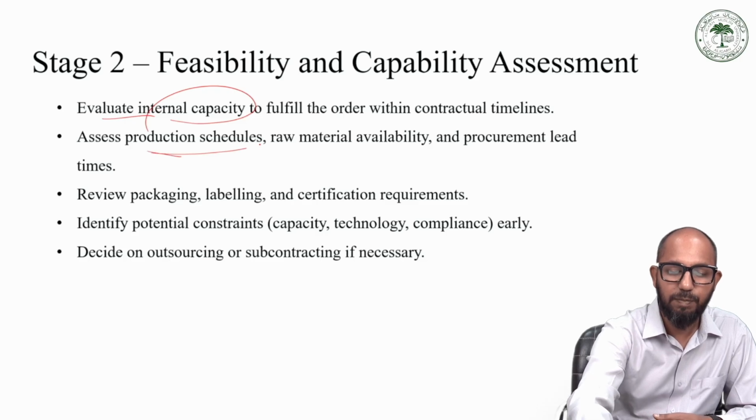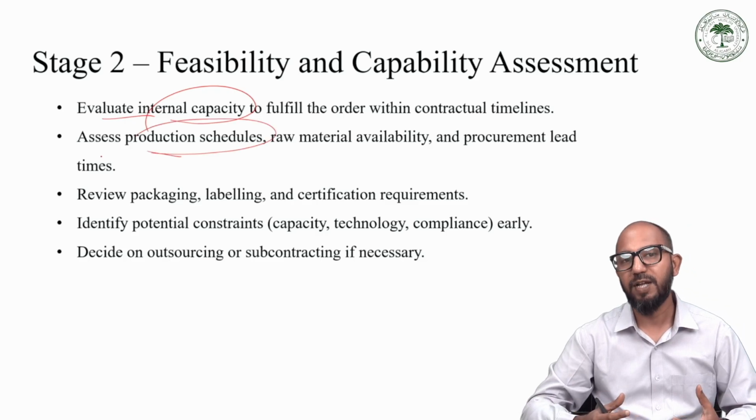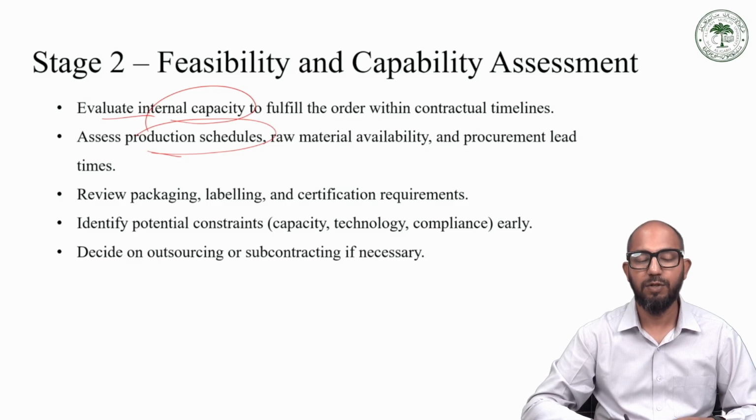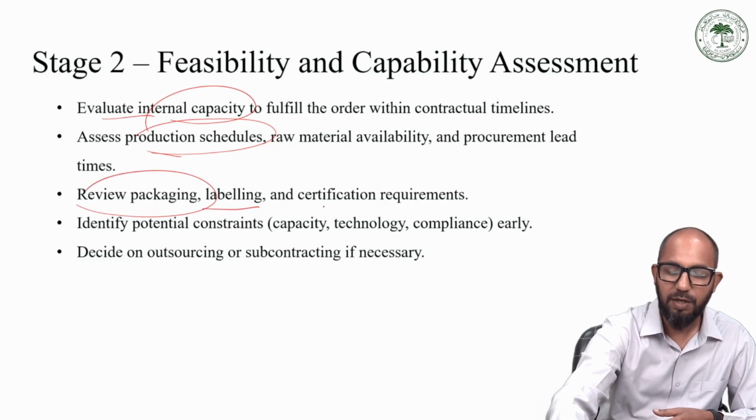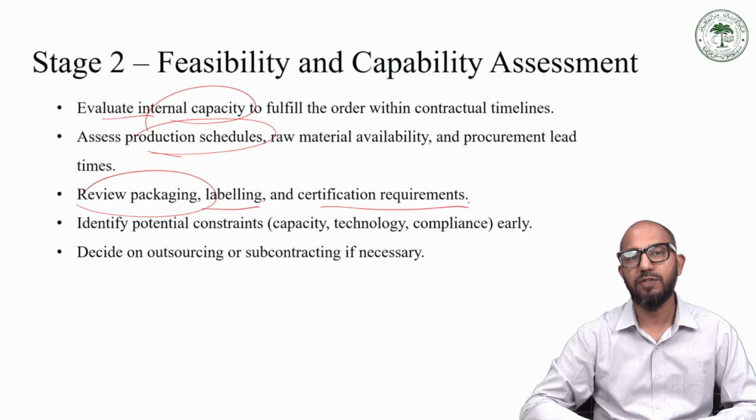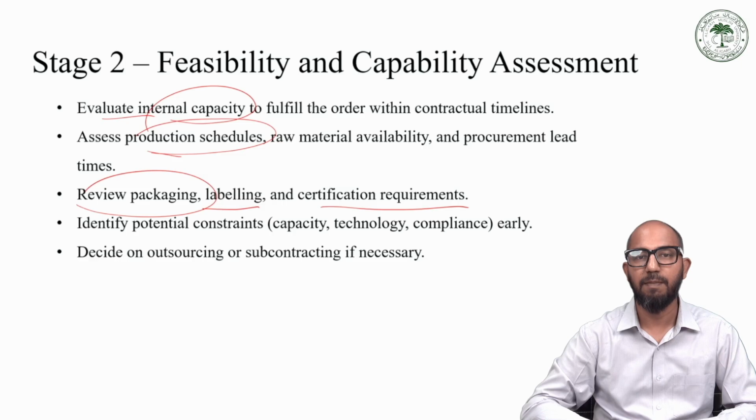Feasibility and capability assessment also assesses the production schedules, raw material availability, and procurement which is required at different times. In addition to this, there is also a consideration to review packaging, labeling, and certification requirements that will be compulsory in order to supply the products to the buyers.